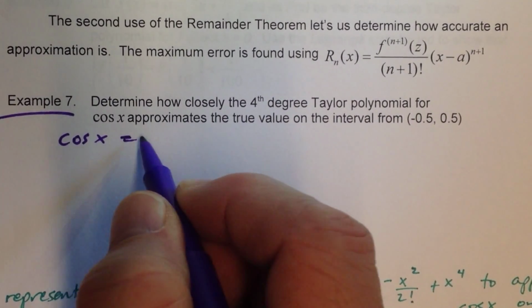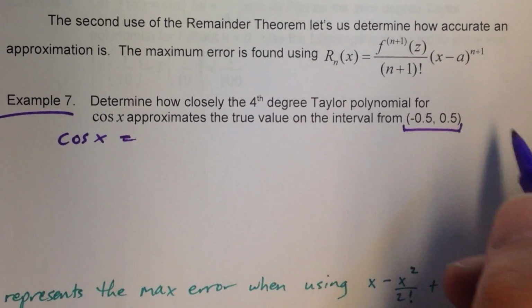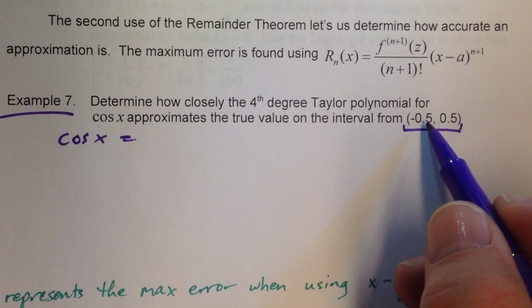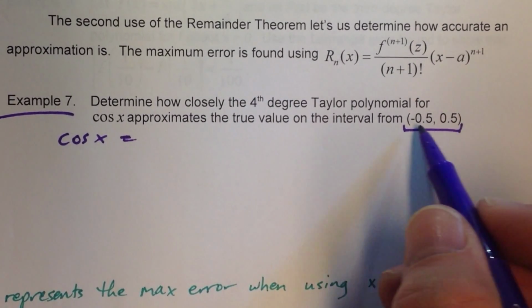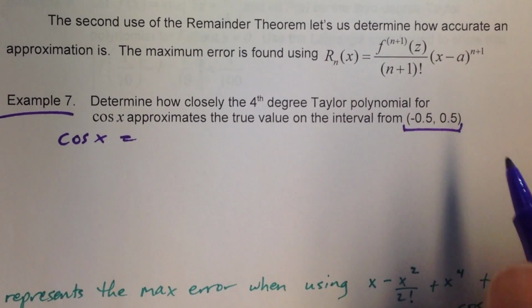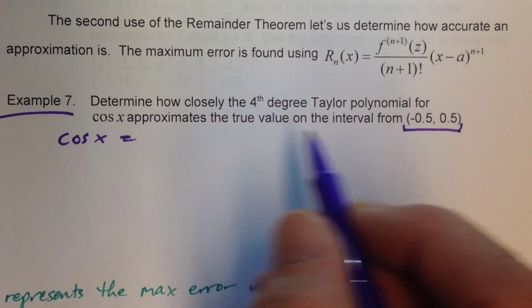Well, we know that the cosine of x Taylor polynomial, first of all, we want to make sure we're on the right interval. You should notice here, if we're trying to approximate the value on this interval from negative 0.5 to 0.5, that we're centering our polynomial at 0.